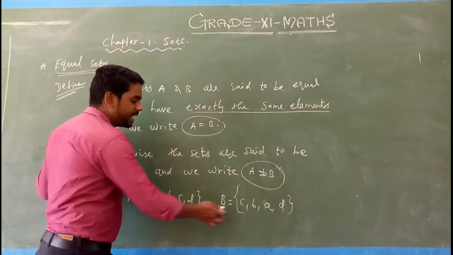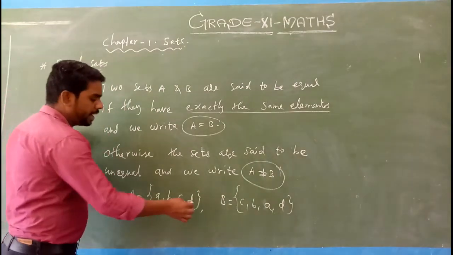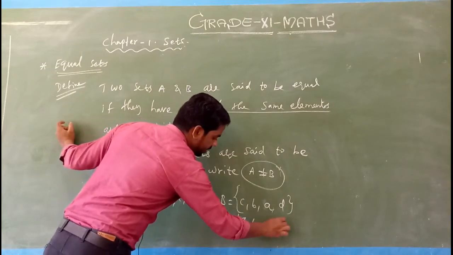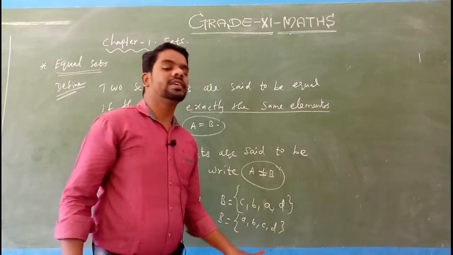Here A is the first element in one set and C is the first in the other, so the order is not the same. But the elements C, B, A, D are the same as A, B, C, D.